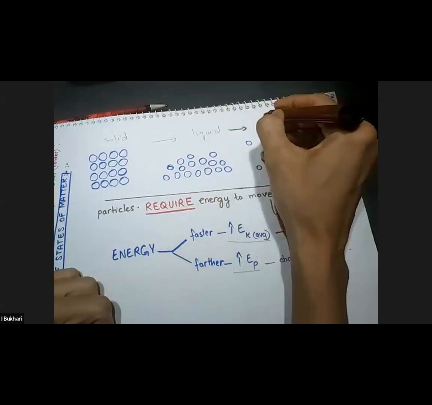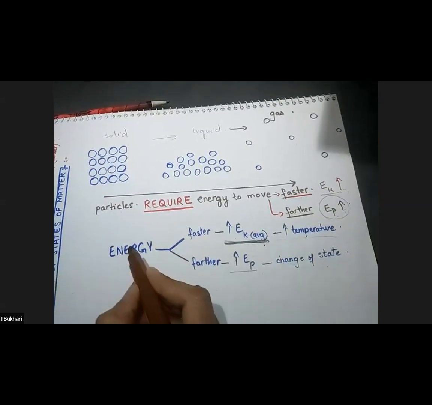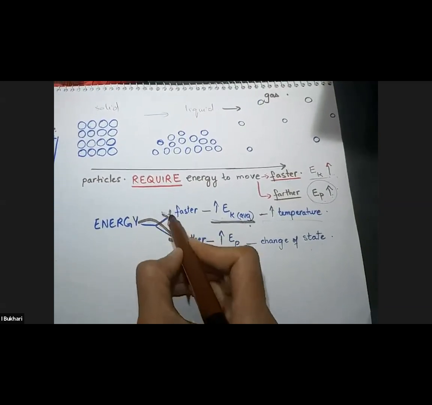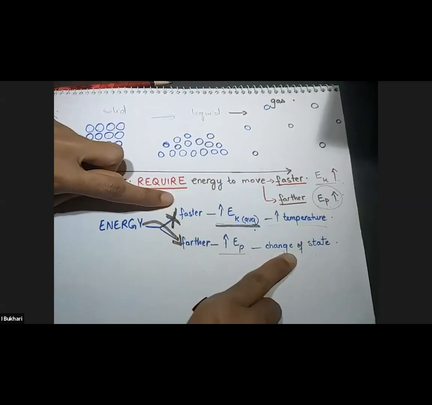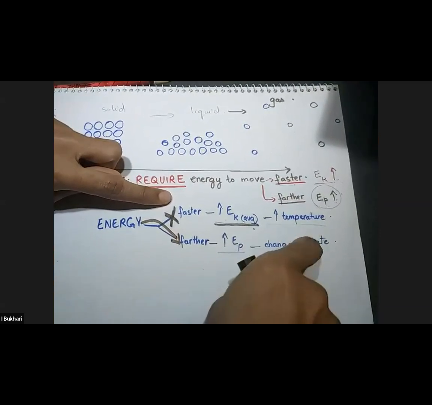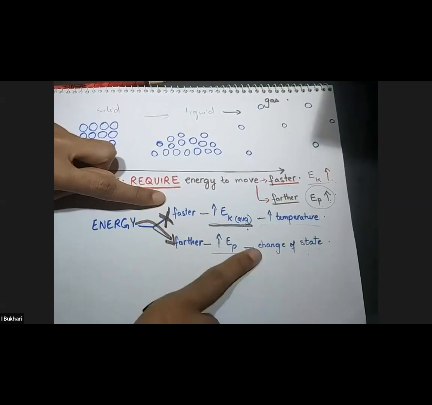In both changes of state, all the energy we are providing goes into increasing the potential energy, which helps the molecules work against the elastic potential energy holding them together. They are busy breaking those bonds, or weakening those bonds.